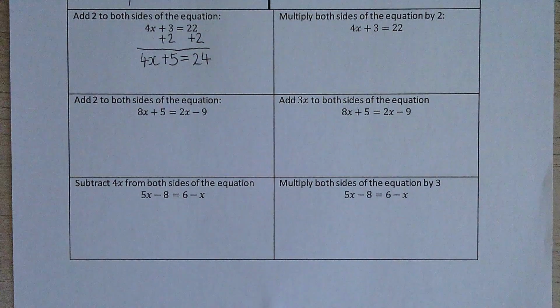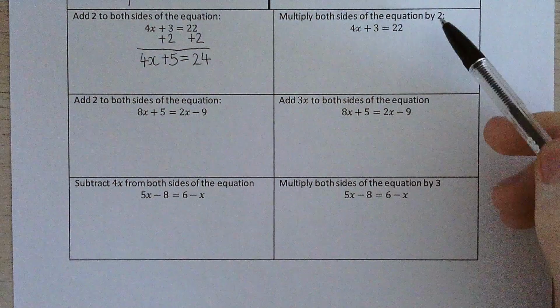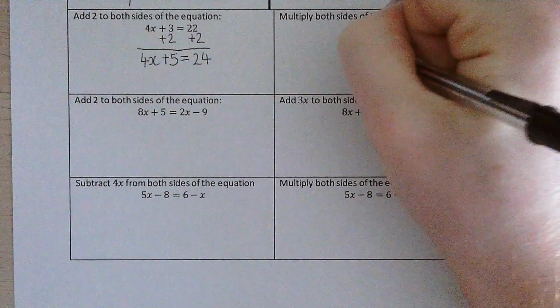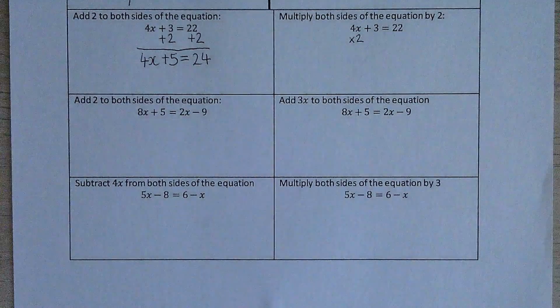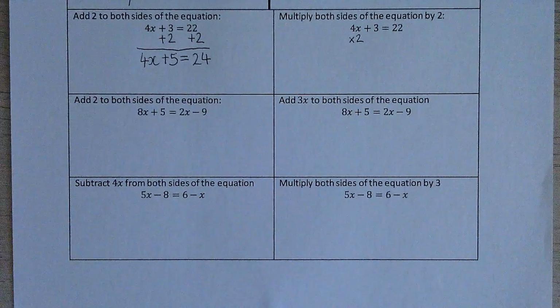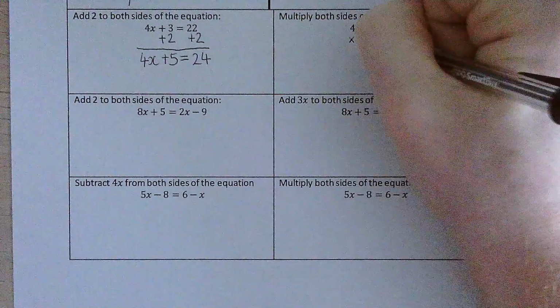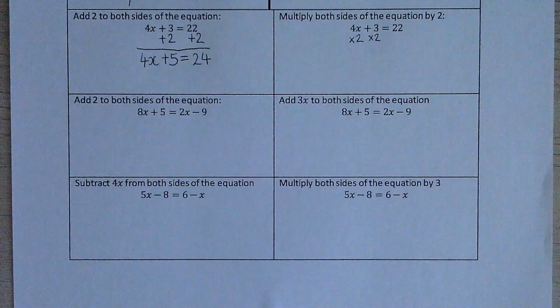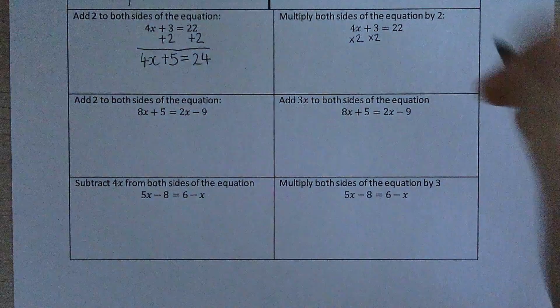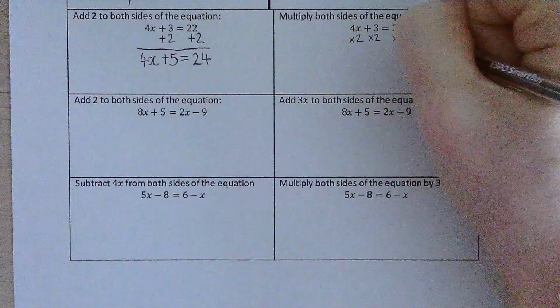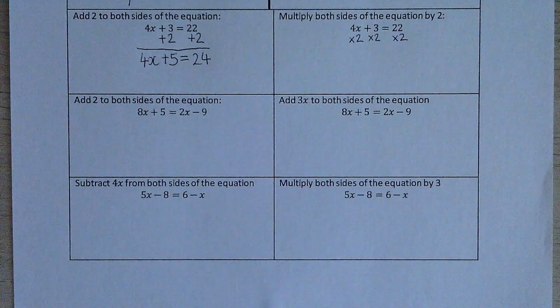So for this, because I can multiply 4x by 2, I'm going to write a times by 2 underneath it. Because I can multiply add 3 by 2, I'm going to write a multiply by 2 underneath that. And because I can multiply 22 by 2, I'm going to write a times 2 underneath that.